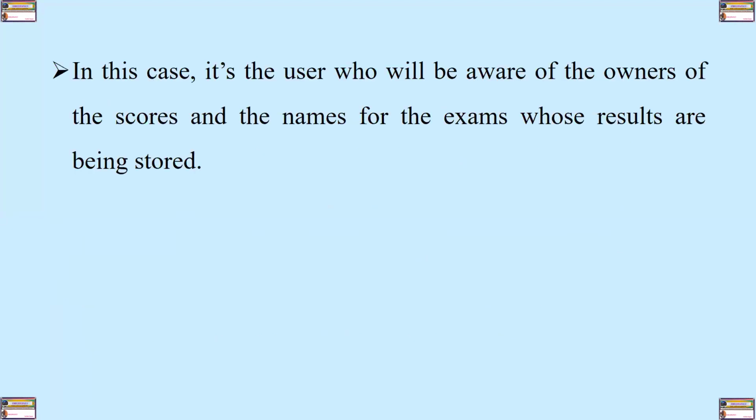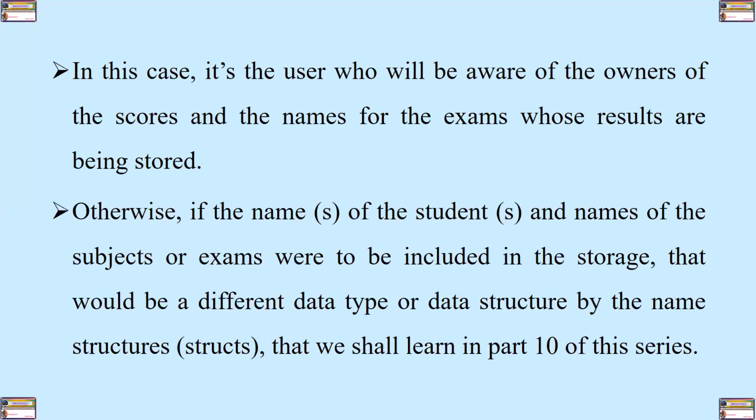In this case, it is the user who will be aware of the owners of the scores and the names for the exams whose results are being stored. Otherwise, if the name or names of the students or the names of the subjects or exams are to be included in the storage together with the scores attained, that will be a different data type or data structure, because you are storing data which is a combination of several data types.